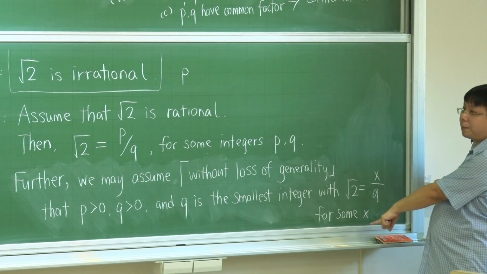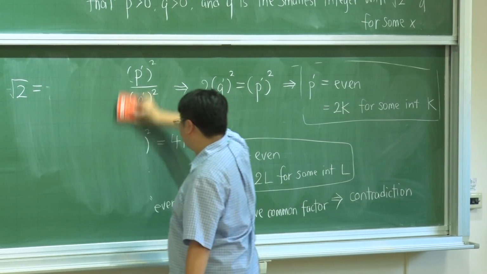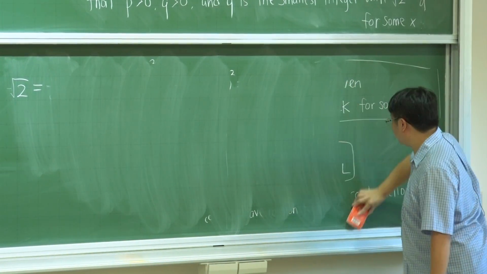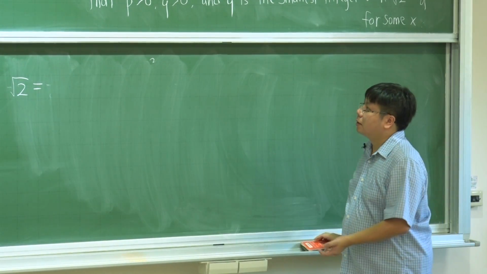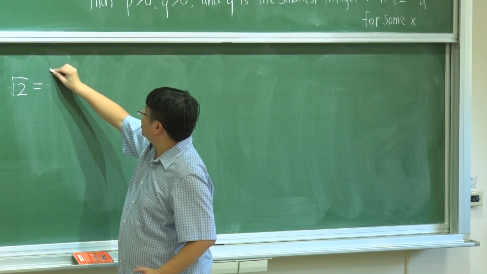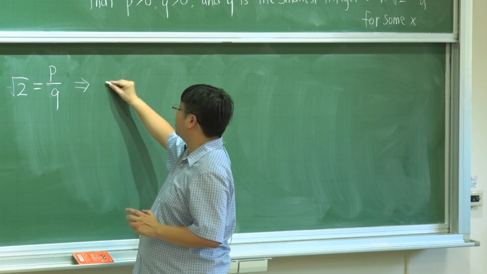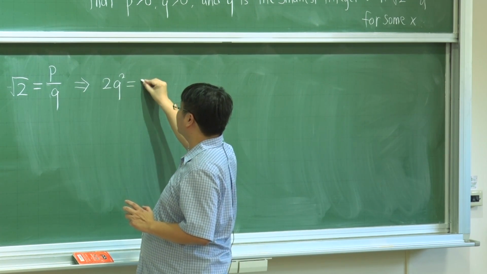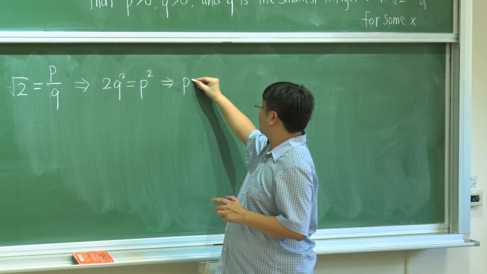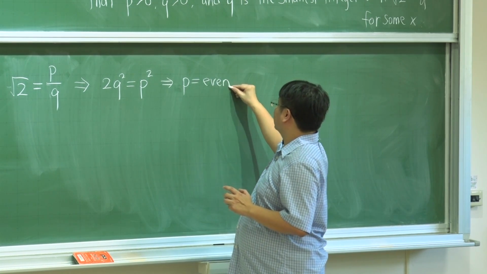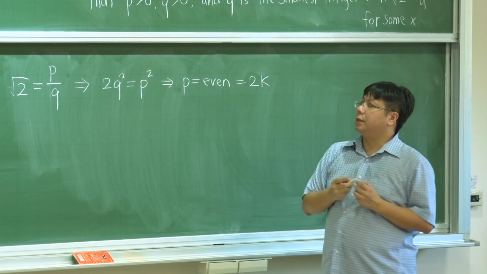Okay, so this is something that we have. Now this is the trap that we are going to set. Here there is no p prime q prime, but we are going to do things very similarly. So we still have square root 2 is equal to p over q, so that we will have 2q square is equal to p square. And we will still have p is even, and then it is equal to 2k for some integer k.